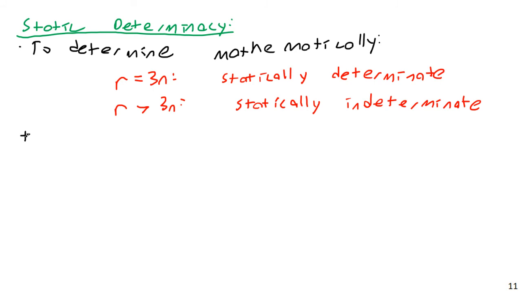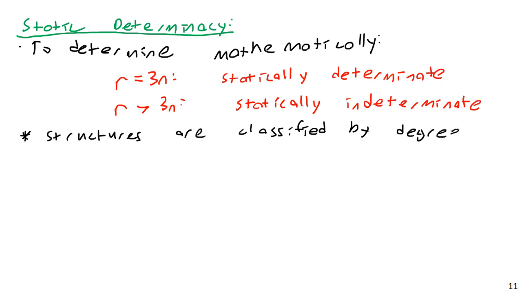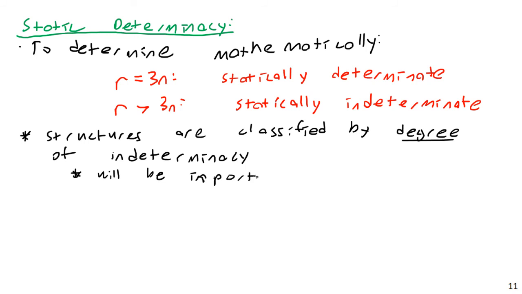Structures are classified by the degree of indeterminacy. And this will be important for later techniques. We'll need to know this for some of the more advanced techniques we learn later in the semester.